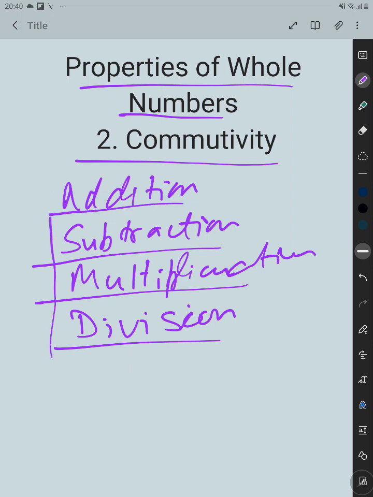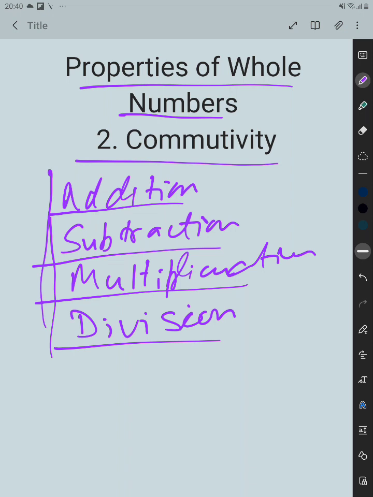First of all, we need to understand what commutativity is. In the previous video we studied the closure property. For the closure property, whatever operation we do on the whole numbers, a whole number should come as the result also.